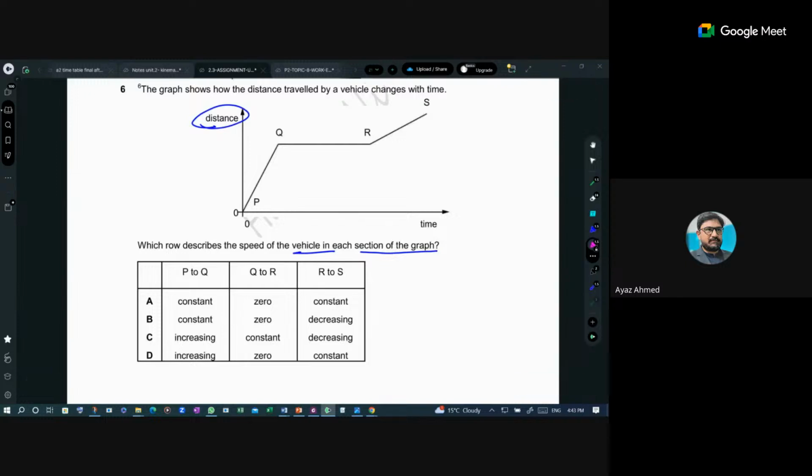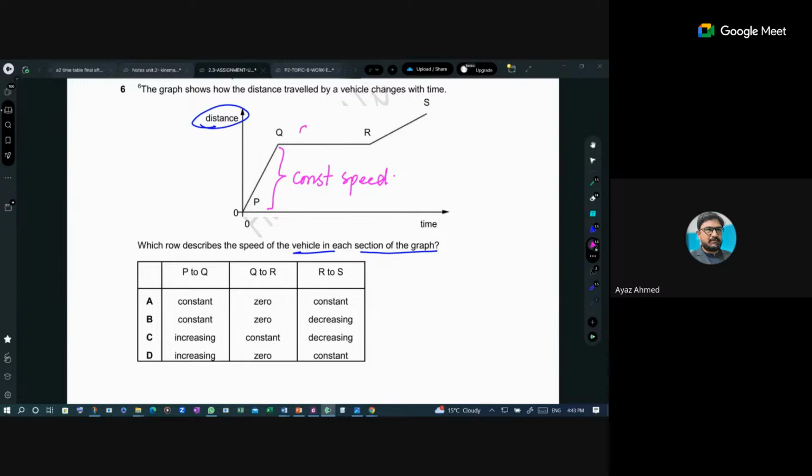Between P and Q, what is happening? Yes, come on. Otherwise, it would be useless, all of that discussion. What about the speed? Speed is constant, because its gradient is constant.